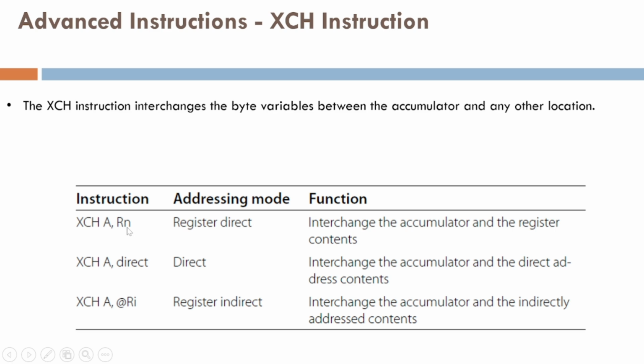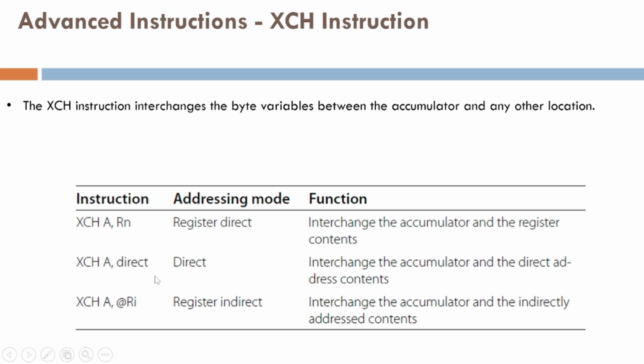This is register direct, so it interchanges the accumulator content and the register content. The content of this and this will be interchanged. The next one, XCH A, direct, means we are already given the direct address. So the direct address may have some content; exchange it.